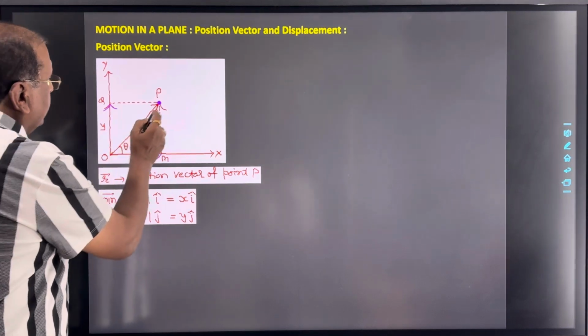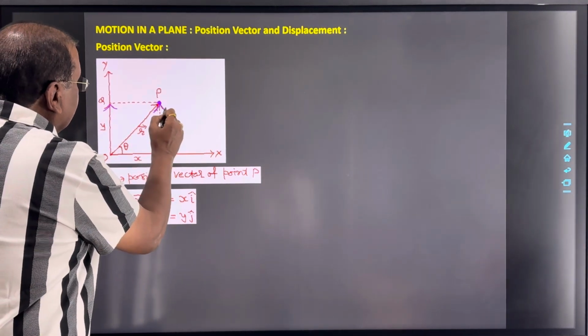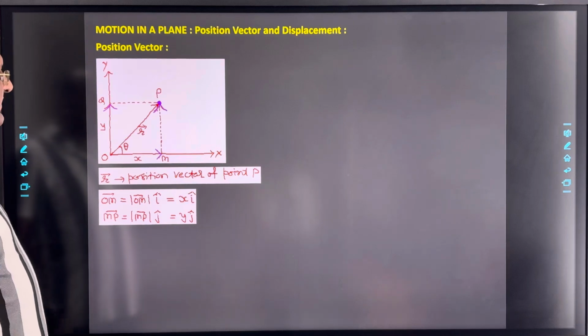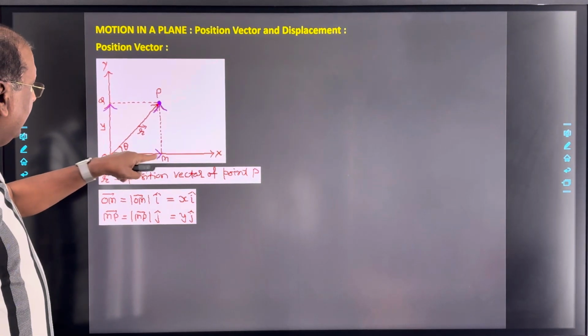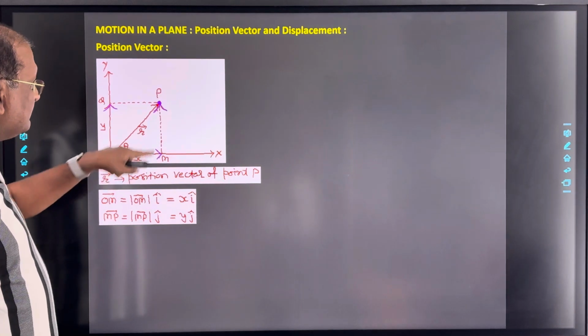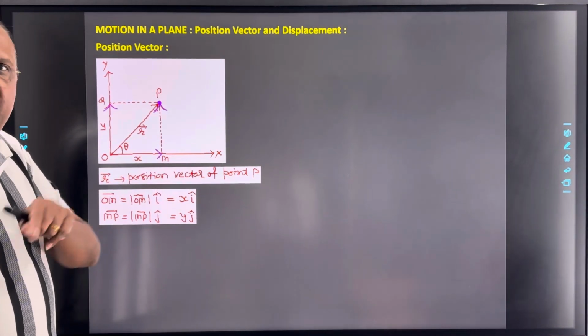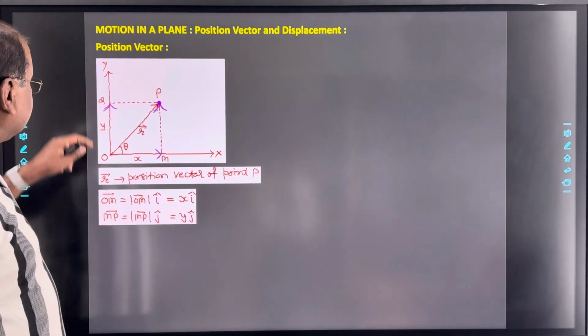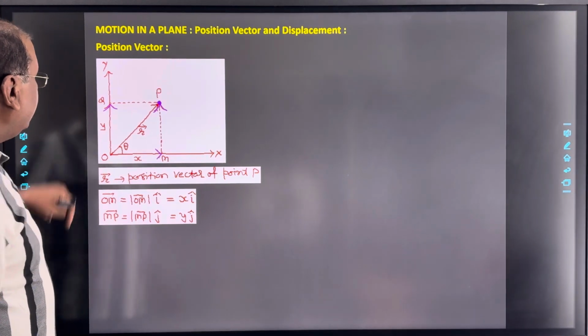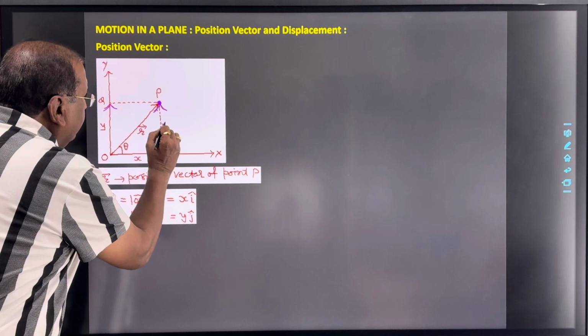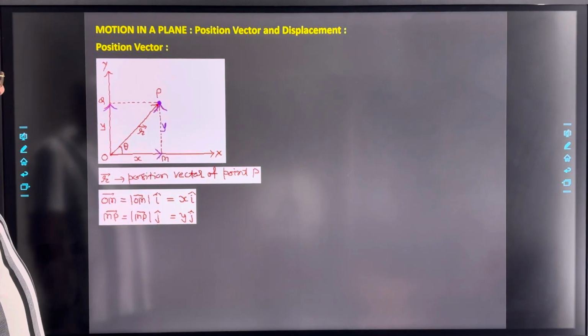But this OQ vector is equal to the MP vector. So here we can write, if the magnitude of OM is x, because it is on the x-axis, and for vector OQ the magnitude is y, then for MP, the magnitude will be y.